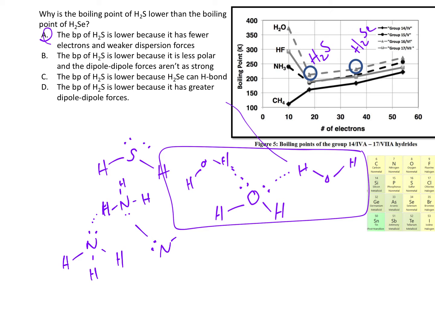But we end up eventually running out of sites where you can get greater numbers of hydrogen bonds for the same number of molecules of water as you can for ammonia. And so you can get a tighter network of hydrogen bonding, which gives rise to the greater boiling point.